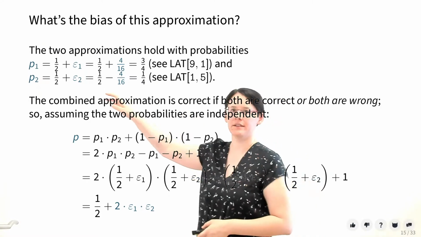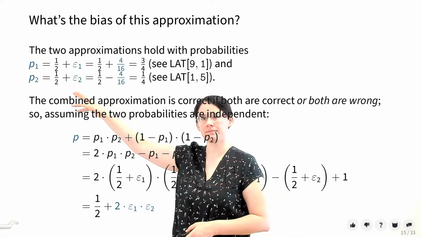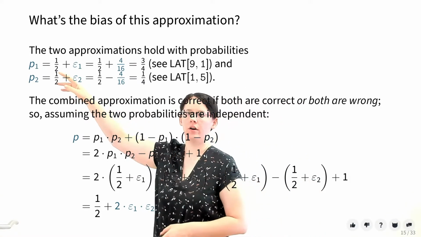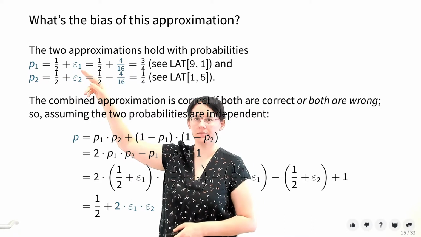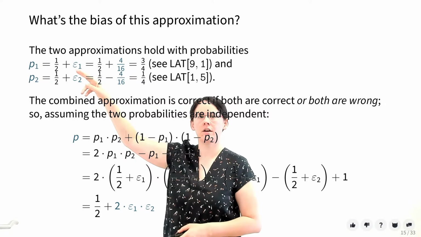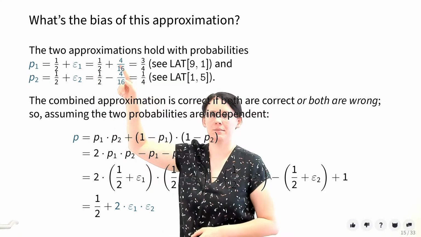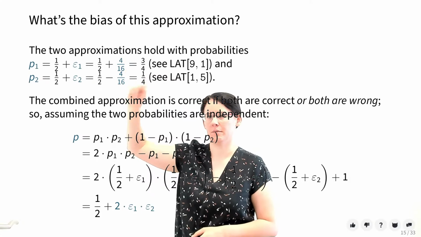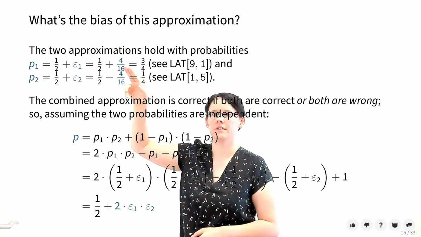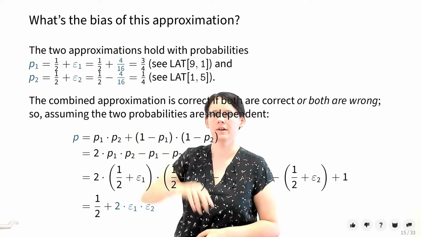What we do know is that the first approximation has a probability of 1/2 plus some first bias epsilon 1. And I can read off this bias from the linear approximation table. It's simply the entry of the approximation table divided by the number of input values. So it's 1/2 plus 4/16.